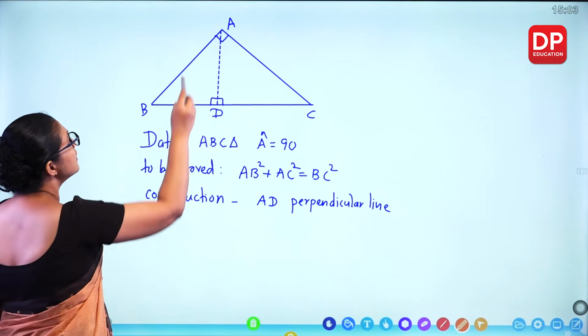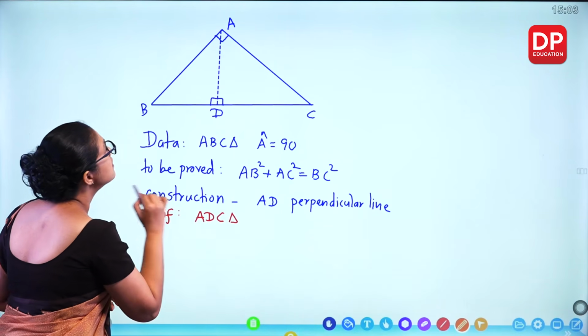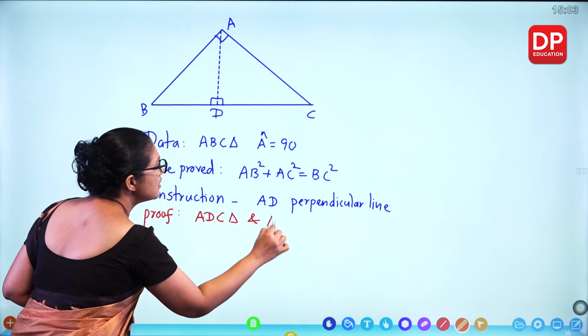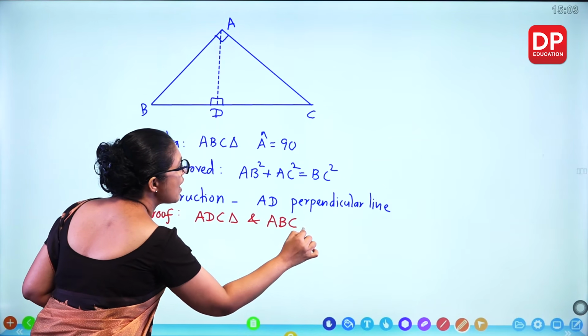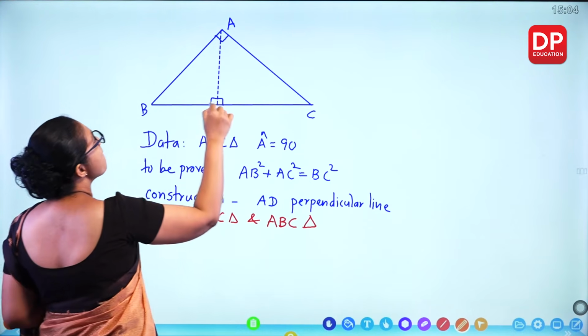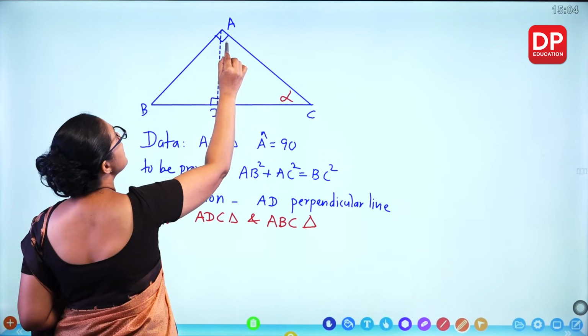We'll take the ADC triangle and the ABC triangle. What can you say about those two triangles? ADC. I'll put alpha here and beta here.